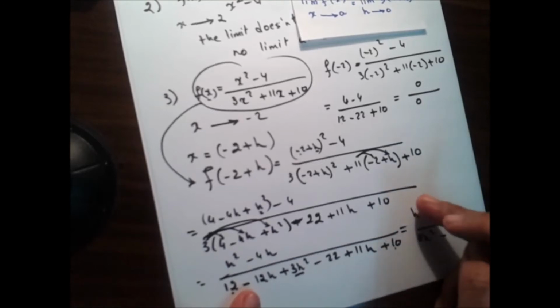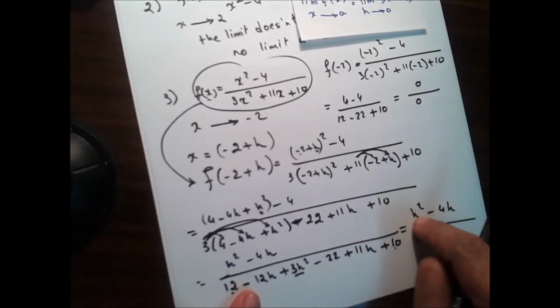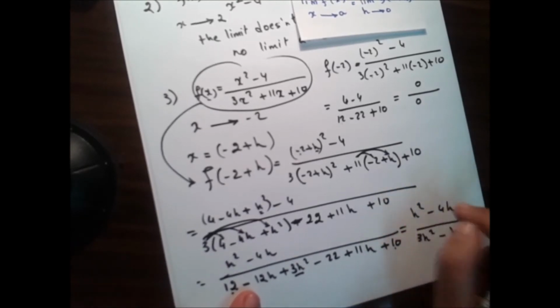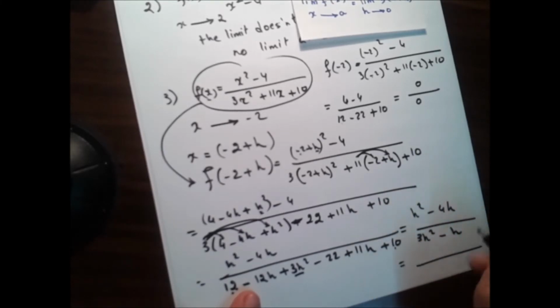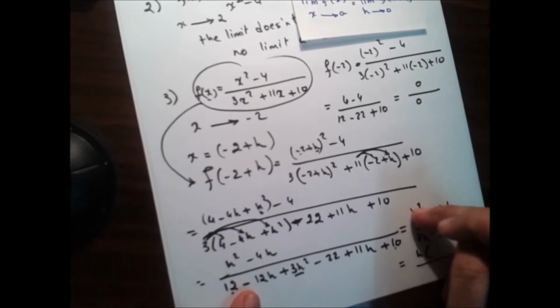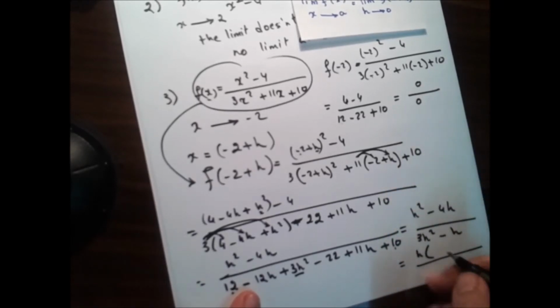To simplify, up and down we can take out a common factor, the least power of h as a common factor. So up we have h as a common factor. Divide each term by h, so h squared divided by h to be h.